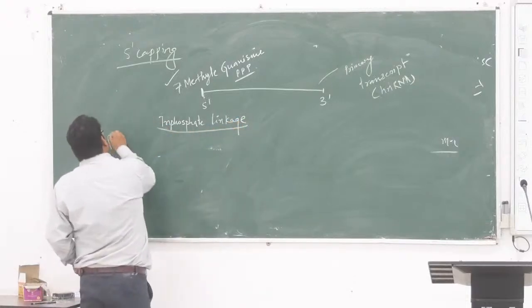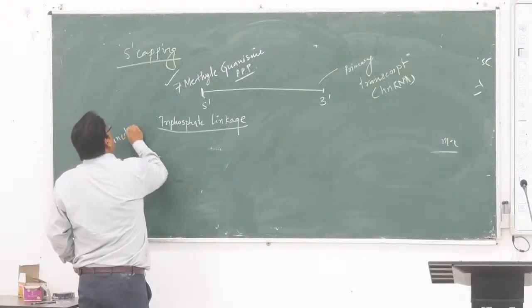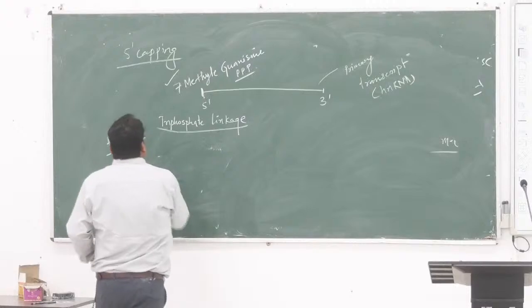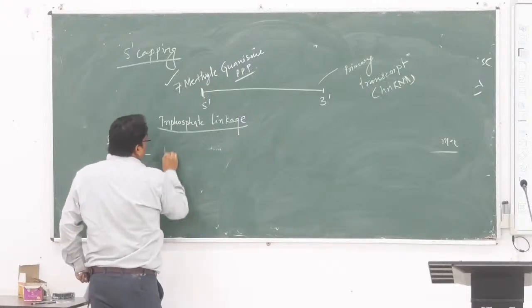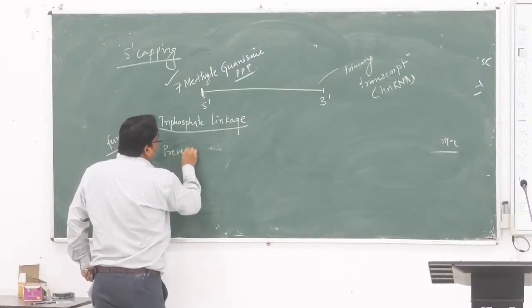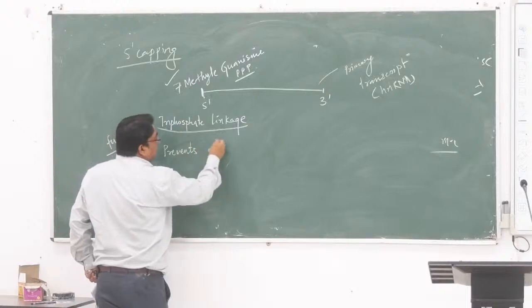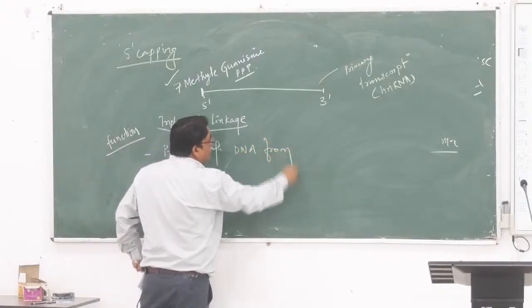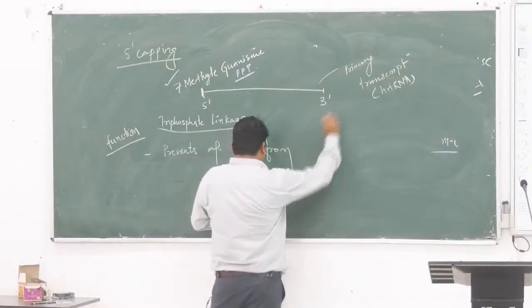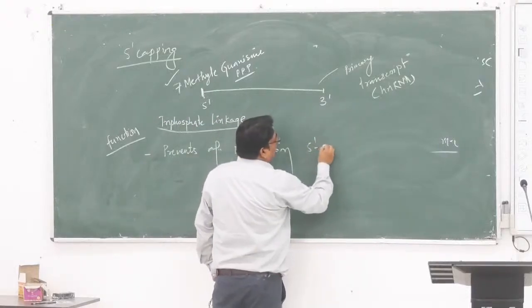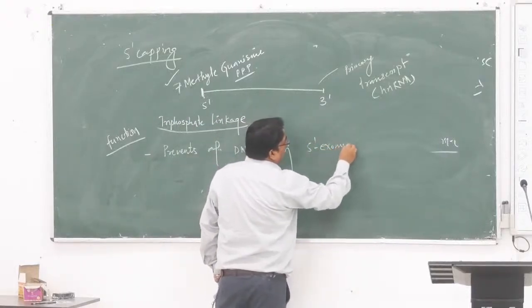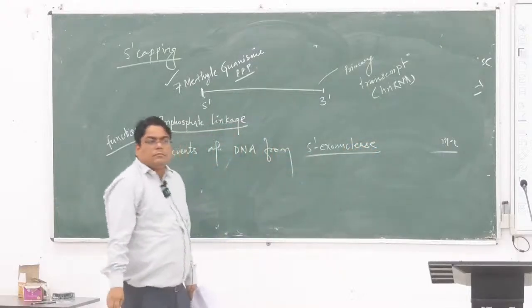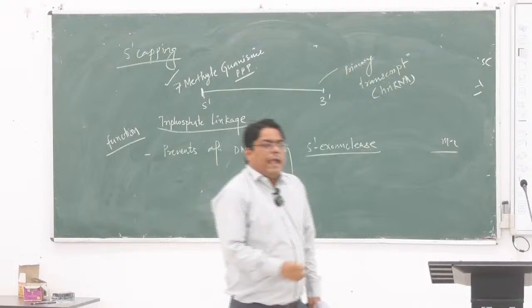The function of this 7-methyl guanosine capping is, the first and important function, that it prevents the RNA from 5' exonuclease activity.